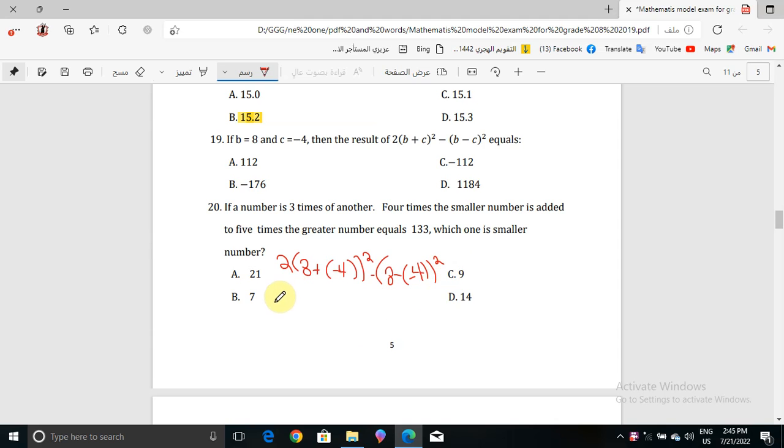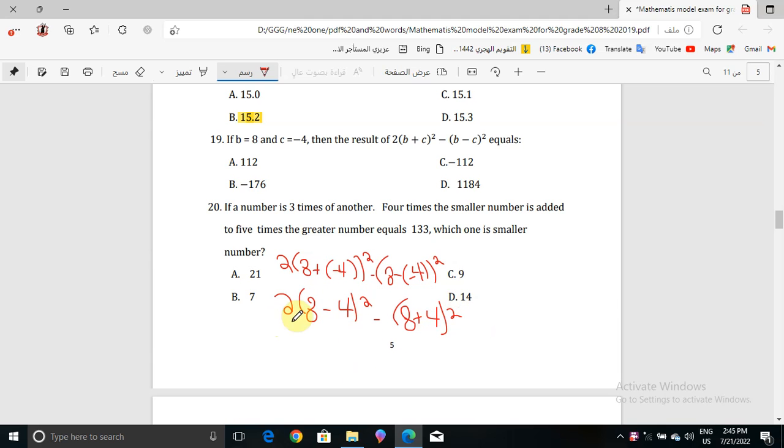Now what we will do here, 2 times (8 minus 4) squared, here minus what, (8 plus 4) squared, right?